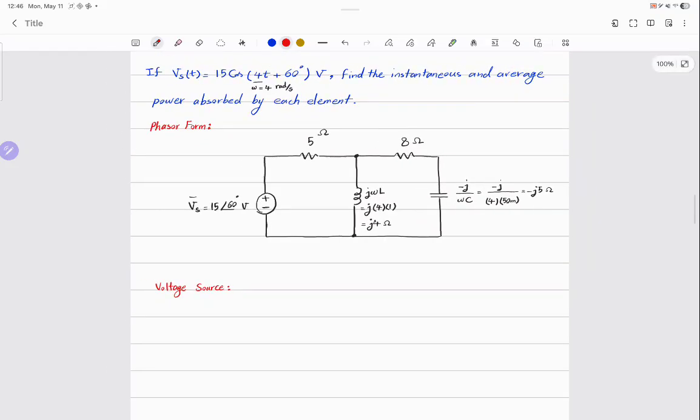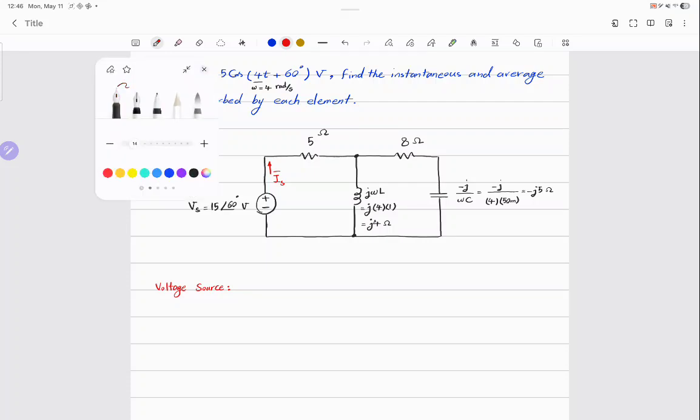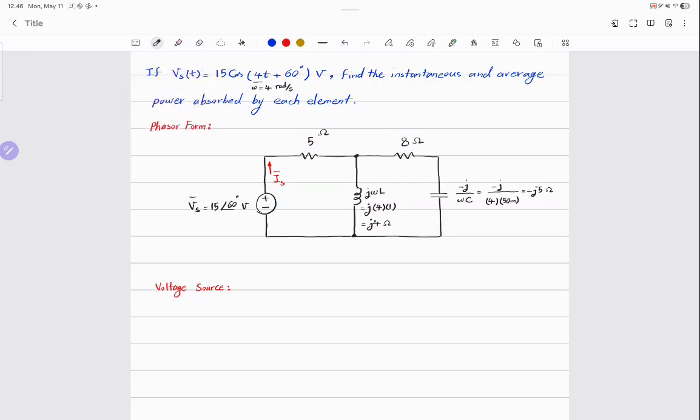So I need to find the current. Let's call this current IS bar, and let's see if we can find it. How do you find IS if you want to calculate the power?